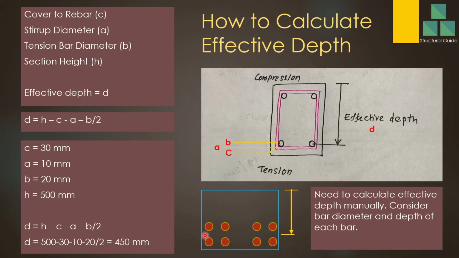But when the diameters vary, this effective depth may vary. For example, say you have 25 millimeter bars here and in this layer you have 16 or 20 millimeter bars. So the depth will be moved towards this way. You have to consider the geometric center, or the area center, when the bar diameter is varying. With that you can calculate the effective depth on different occasions.